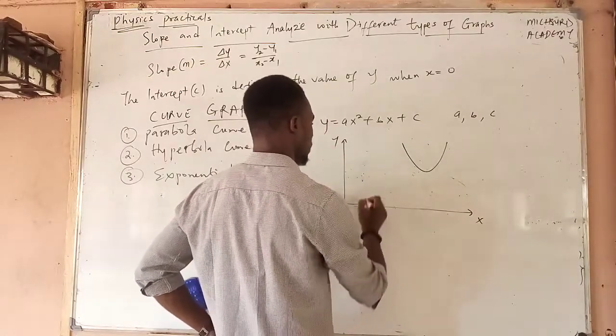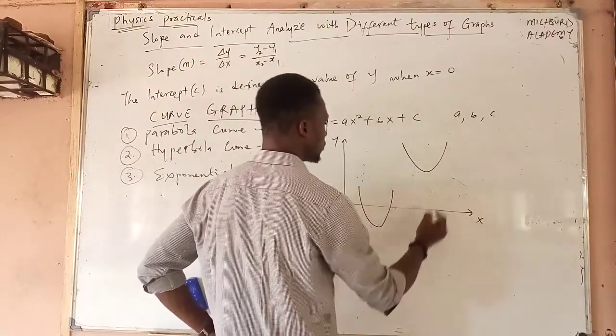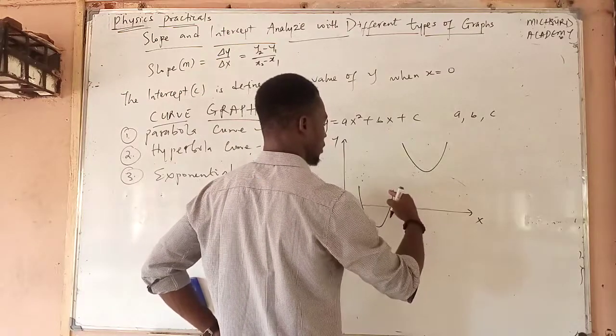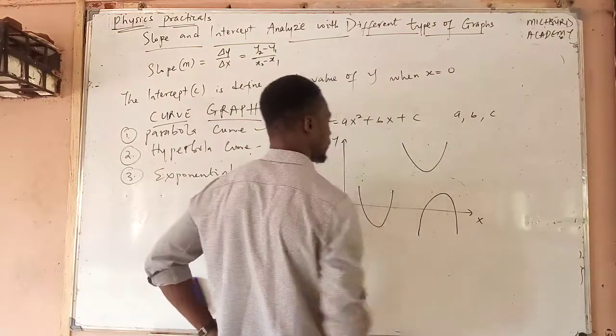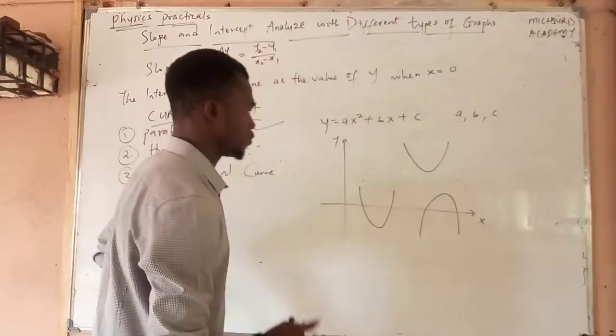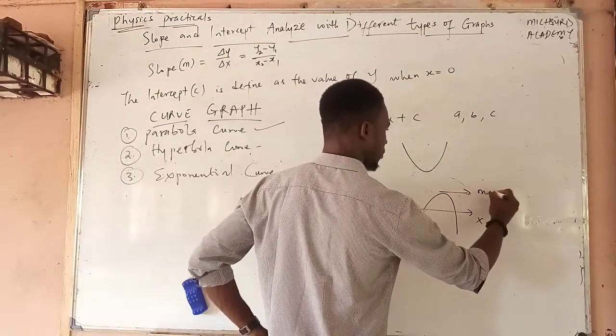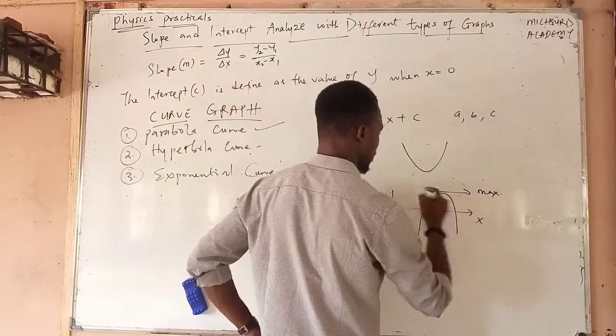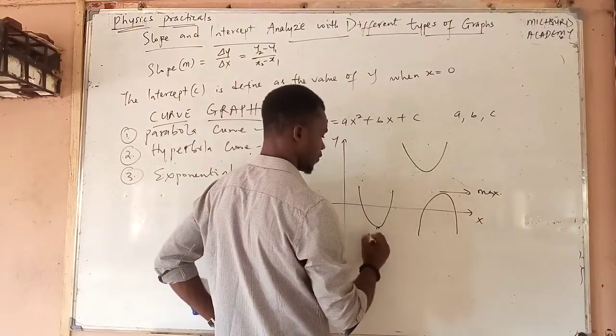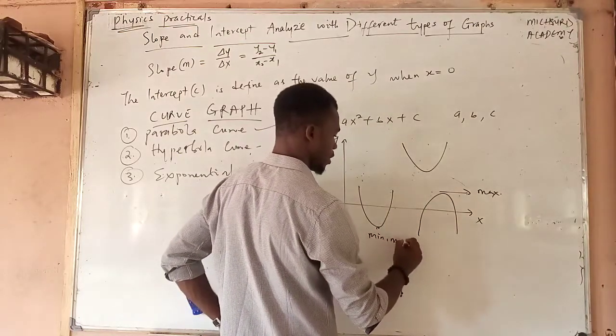Then the ones that can cut the x-axis can also be in this form. Okay, so when you consider this, we have the maximum point here, and for this we have the minimum point.